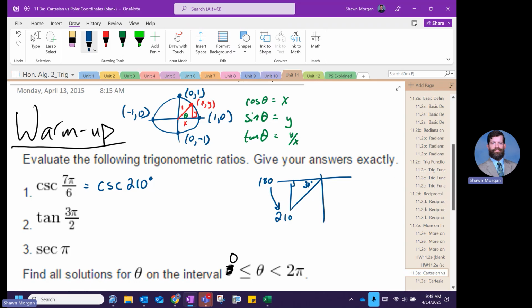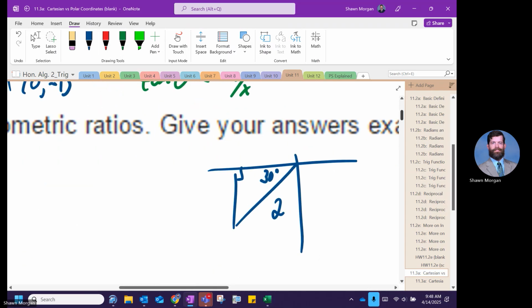Now, Franklin, I need your help to label the sides of this triangle, given that it's a 30, 60, 90. What kind of one? It's negative because you went where?